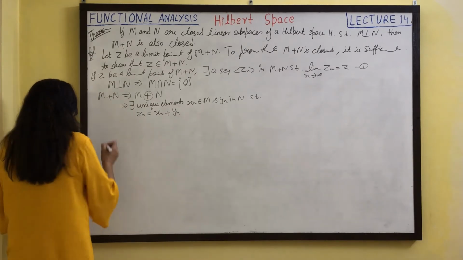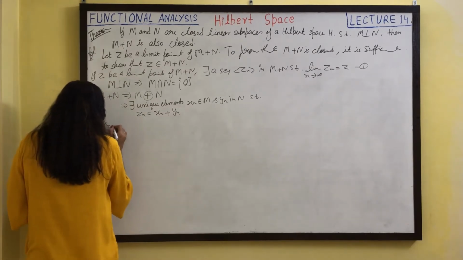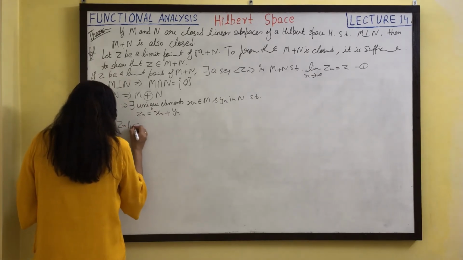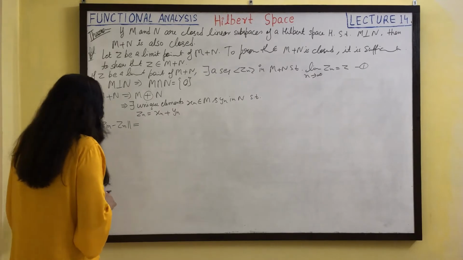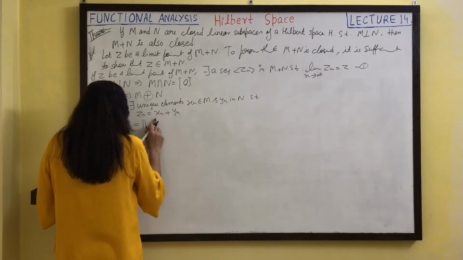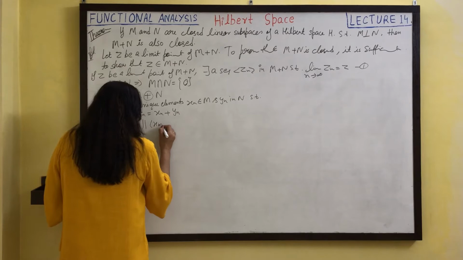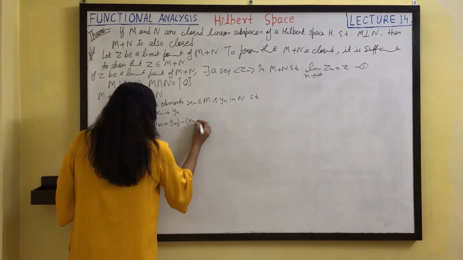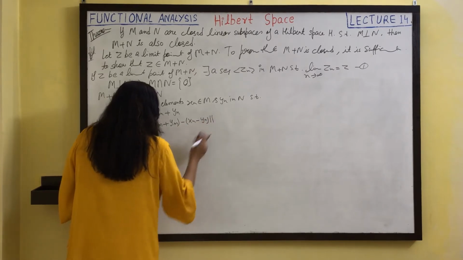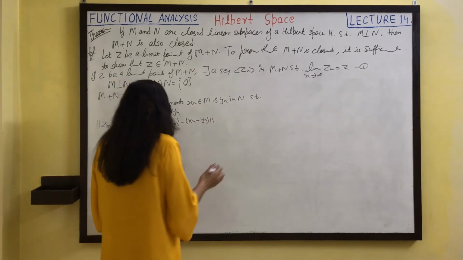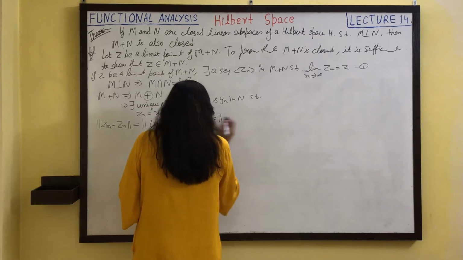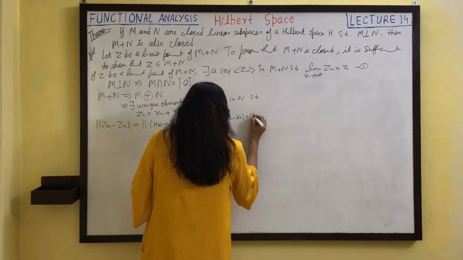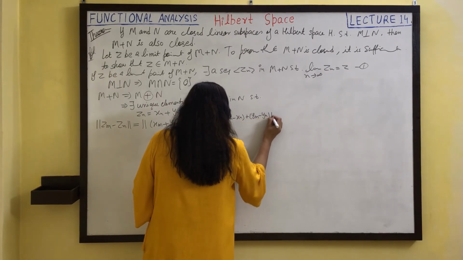Now norm of Zm minus Zn is norm of xm plus ym minus xn minus yn, or this can be written as norm of xm minus xn plus ym minus yn.